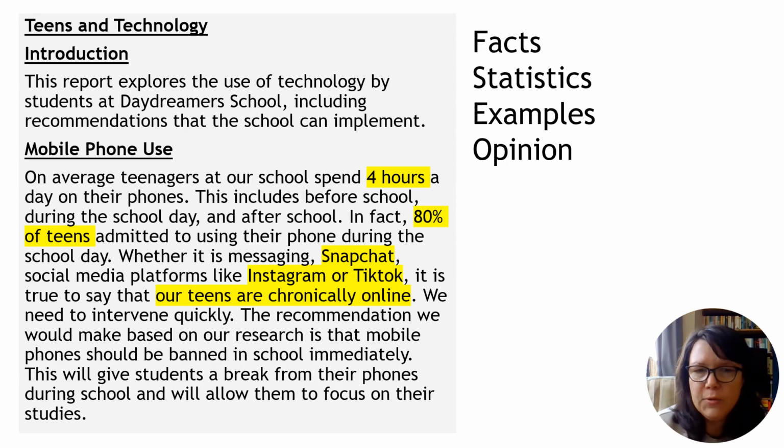Then we've got examples of the things that students are doing. So Snapchat, Instagram, TikTok. Then we've got an opinion. They're chronically online. So you're showing a range of devices there, but they're used in a very naturalistic and normal fashion. It doesn't sound overly wordy. It's not technique heavy. It's very clear and formal.